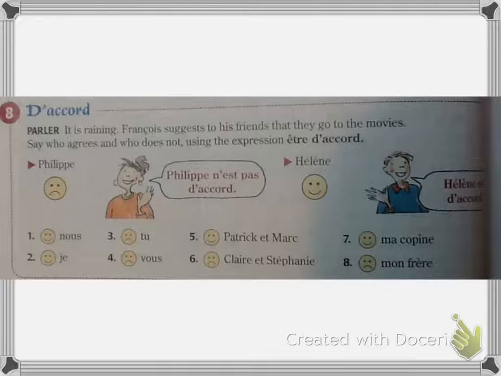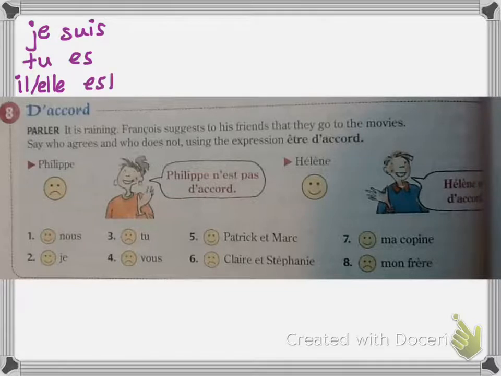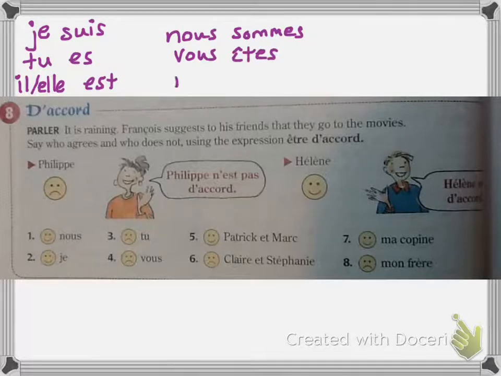So just remember again, our forms of être are je suis, tu es, il or elle or one person's name, est, nous sommes, vous êtes, and ils and elles plural, sont.